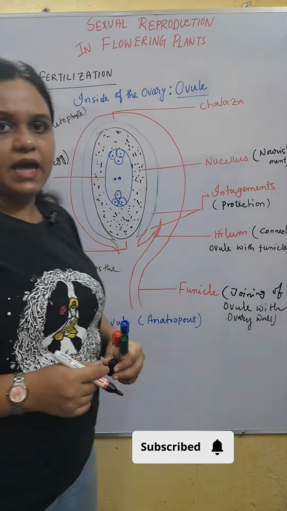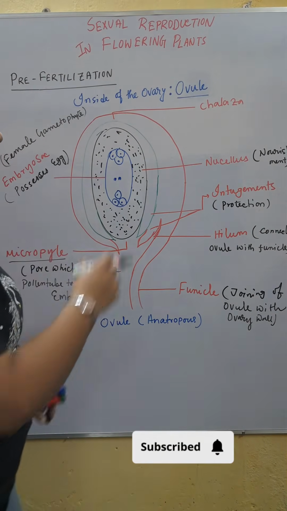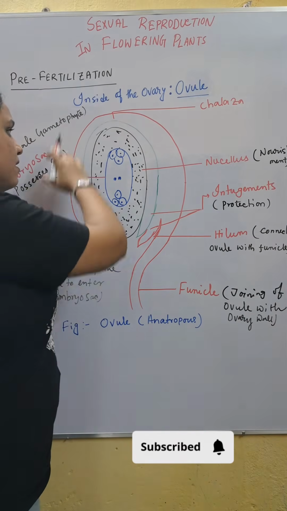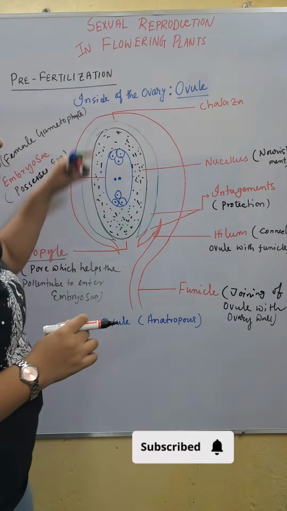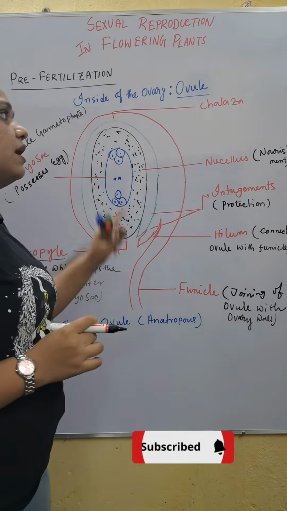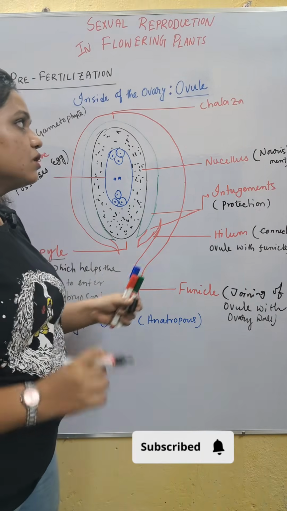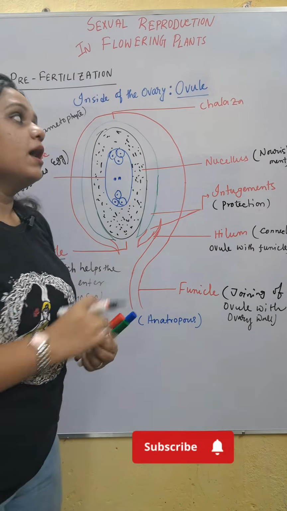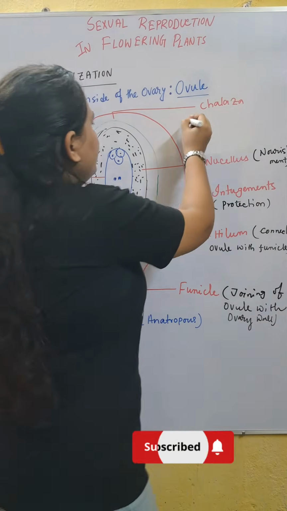Opposite to the micropyle, there is the chalaza. This chalaza is the structure present opposite to the micropyle. The chalaza also helps the pollen tube to enter the embryo sac.